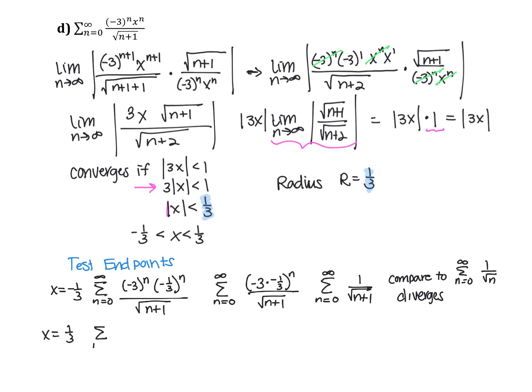So testing this endpoint, we get negative 3 to the n, positive 1/3 to the n over the square root of n plus 1. I'm going to use the same technique I did before in combining the numerator to give me negative 1 to the n, which means it's an alternating series now. So let's go through the idea of the alternating series.